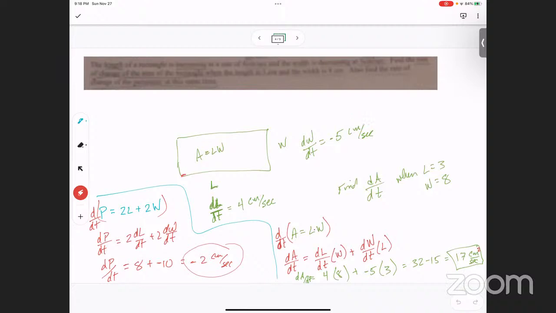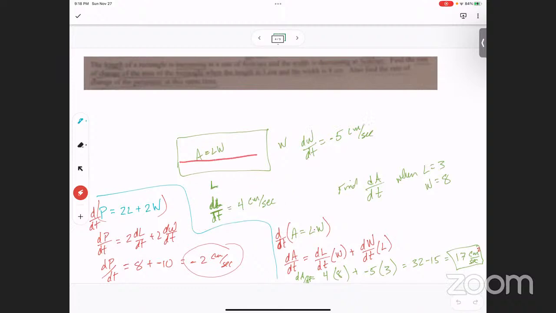Do you get what I'm saying? So these things are changing. In order to find the change in area with respect to time, you need to know what point you're referring to. There has to be a "when," because the area is changing. This is a related rate, right? It's changing related to how fast these things are changing.